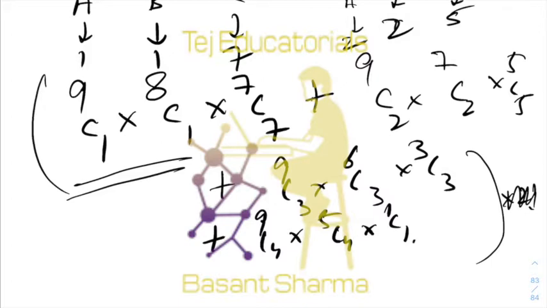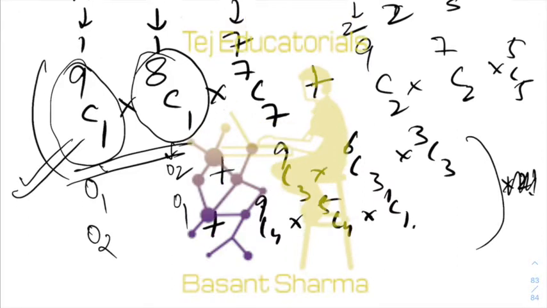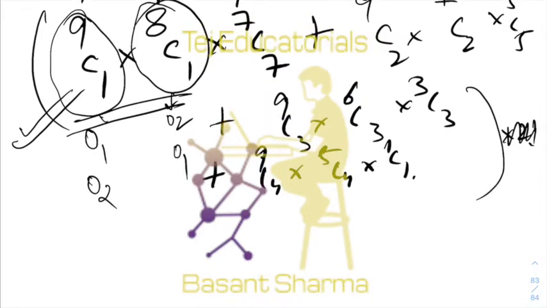So when I multiplied 9C1 into 8C1, which object I chose here and which object I chose here, that order is already included. I choose O1 here to give to A, or I choose O2 here to give to B, or I choose O2 here or O1 here. That has already been taken care of in this. So there is no need to multiply additionally by 2 factorial. You have to take these things into consideration. If you multiply by 2 factorial, that would result in overcounting. Okay, so this is your answer.